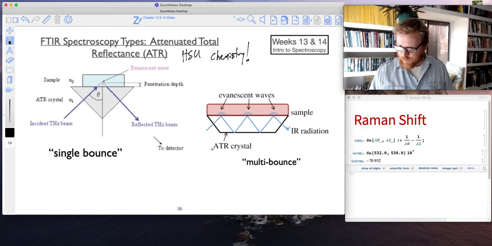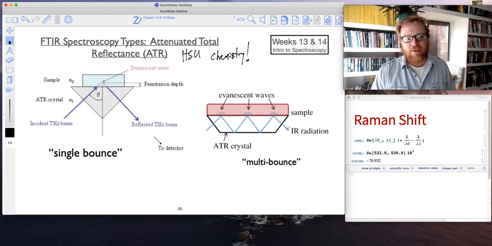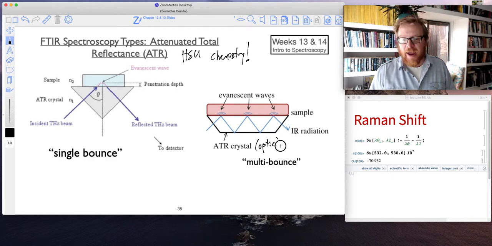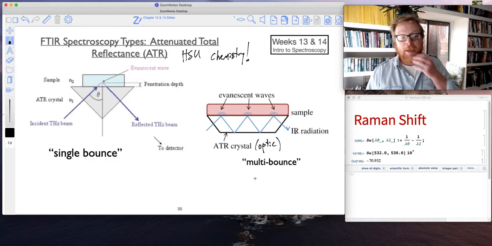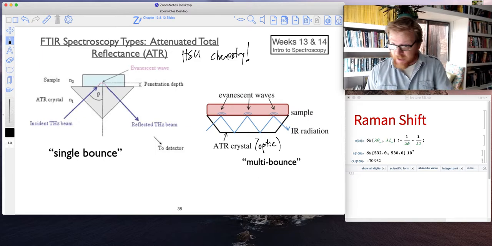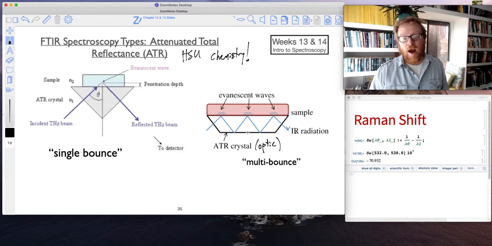Total internal reflection occurs when you're at, right, this magic angle that allows a beam to pass right through. And typically it's passing through your optic. So this is your ATR crystal, but that's your optic. And that could be a salt optic. That could totally be a piece of sodium chloride, potassium bromide, or zinc selenide is the best.